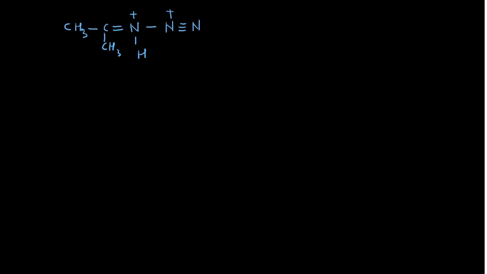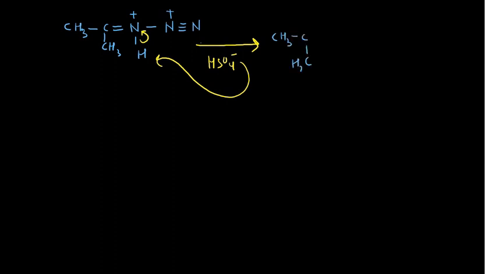After that I can do the protonation, deprotonation. Deprotonation means you are having your HSO4 negative which you have used. This will grab this, pushing back this electron pair over there, and then you are having CH3, C, CH3, double bond nitrogen with its electron pair, nitrogen, triple bond nitrogen, positive of course over there.